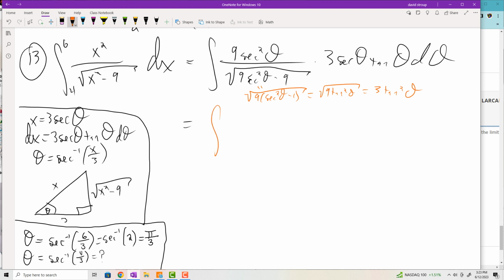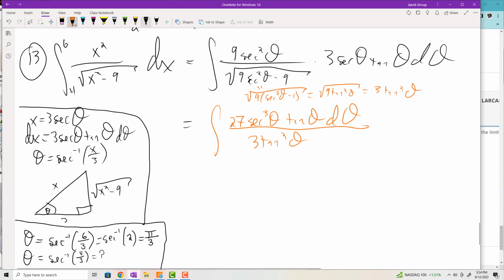So we have 27 secant cubed theta tan theta d theta, all over 3 tan squared theta. 27 by 3 is 9. And then we have the integral of secant cubed theta.